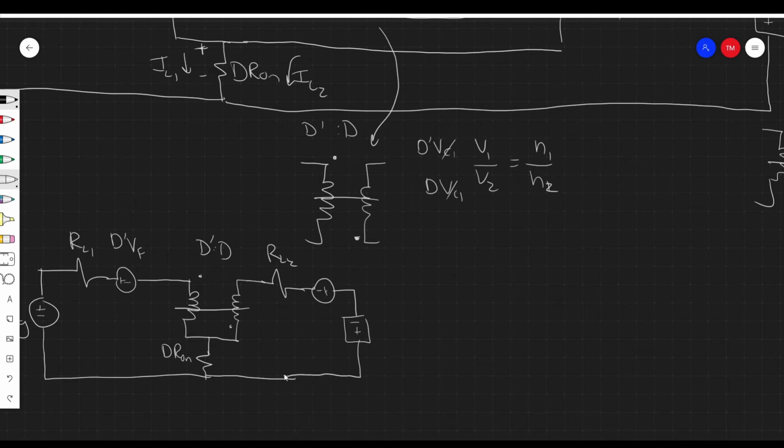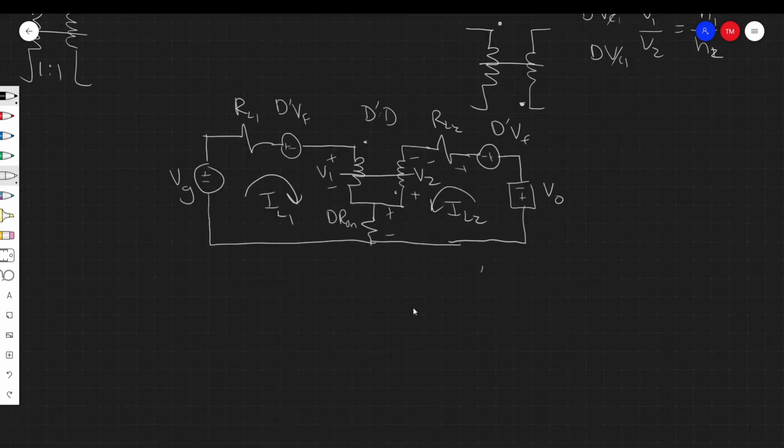It's a load, so it should be a resistor if it's anything, and we can consider it as a resistor, but I'll just draw it like this. This is V out, this is d prime VF. And again, we have IL1 flowing in this loop, and IL2 flowing in this loop. All right, so this is the final loop, the final thing that we use to solve this equation.